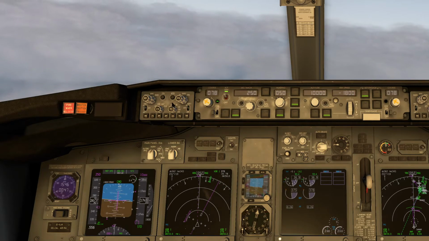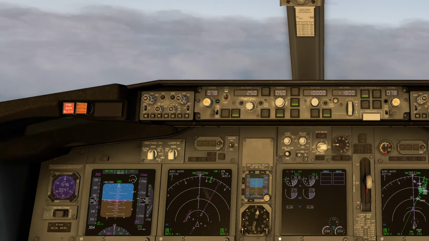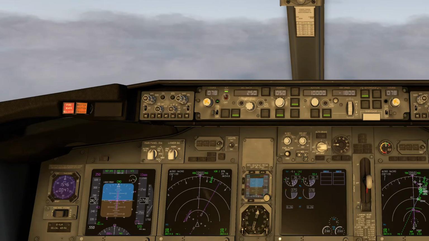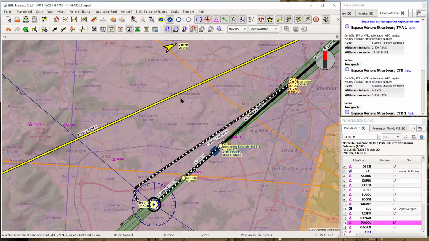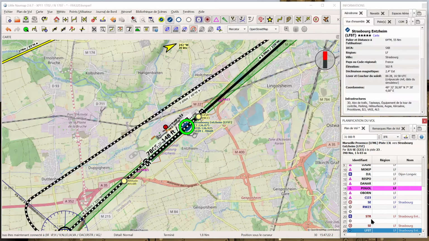So the QNH was 0996, so we can pre-tune that. Airport elevation, it's important, is 502 feet.